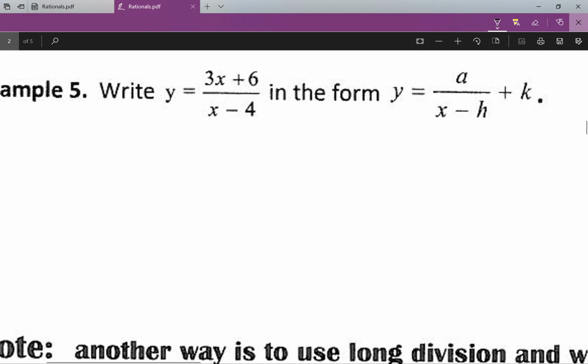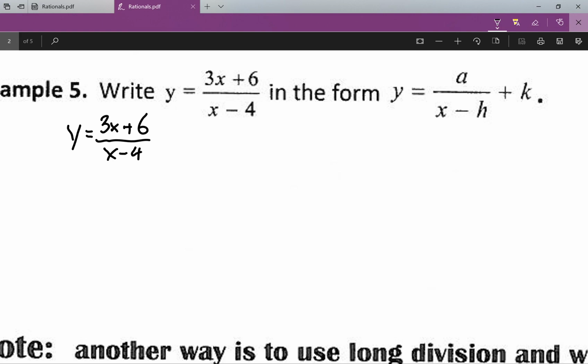So starting off, I write out my original function, y equals 3x plus 6 all over x minus 4. Again, what am I trying to match? I'm trying to match that x minus 4 right there.